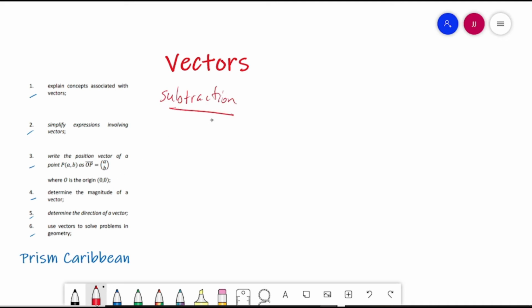So let's say we're given the same variables. A is equal to (4, 7), B is equal to (-7, 3), and C is equal to (9, 8). Therefore, let's say we have 4A minus 3B, and let's say D is equal to that.